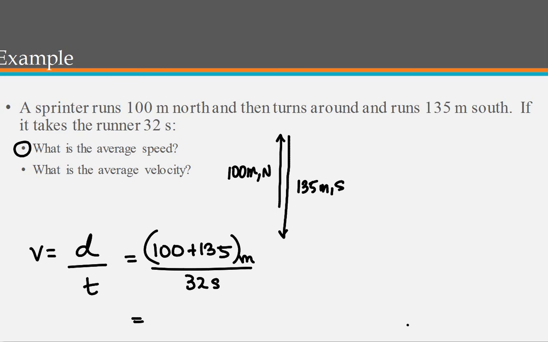You've gone 235 meters in 32 seconds. 7.3 meters per second. How come I haven't put a direction on there? Good, because it's distance and speed. Good. So let's try the other one.